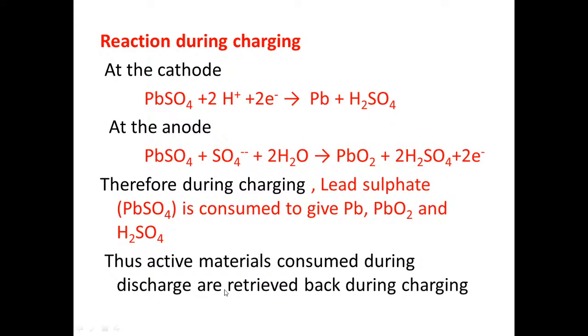These are the basic constituents which we need for drawing the current from the accumulator. तो ये हमें during charging जो lead sulfate है solid insoluble वो consume हो रहा है और lead, lead dioxide और sulfuric acid during charging हमें मिल रहा है.